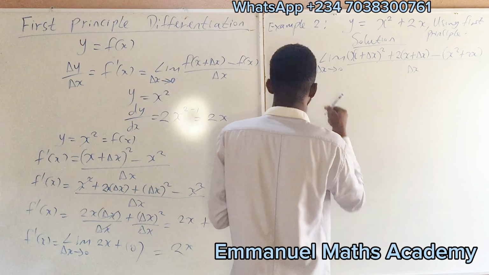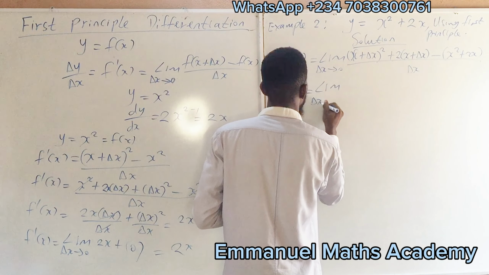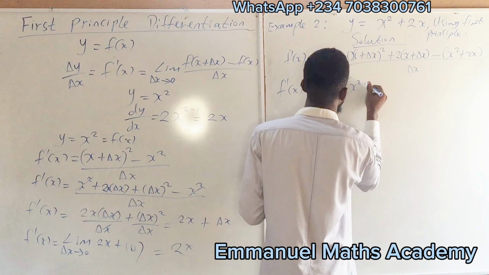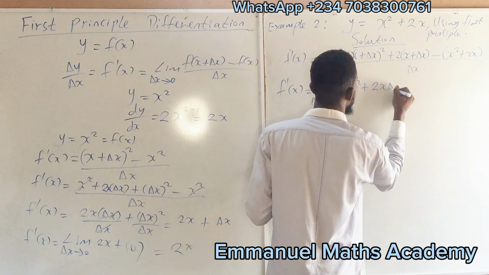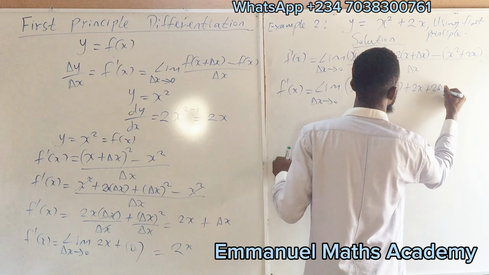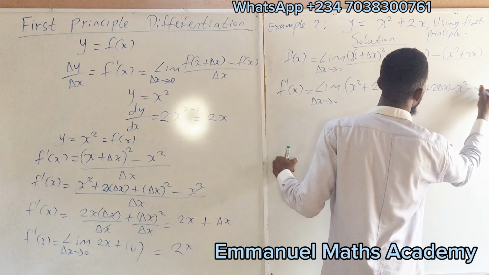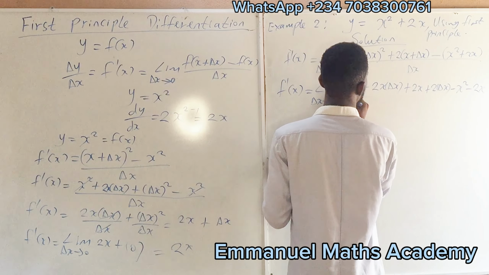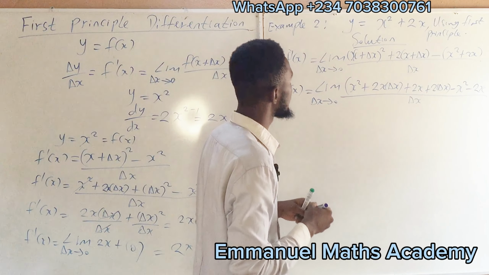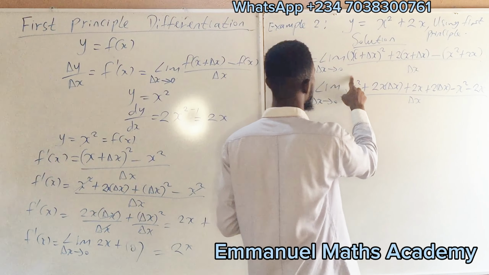You now break this further to give you f prime of x equal to the limit of delta x tends to 0 of x squared plus 2x delta x plus 2x plus 2 delta x minus x squared minus 2x, all over delta x. Is that clear?